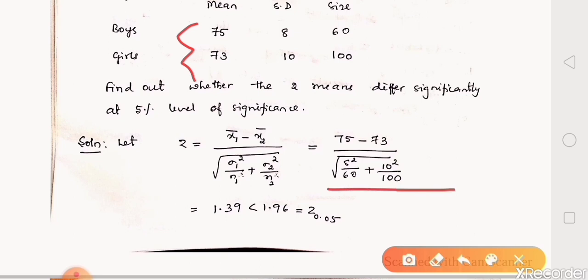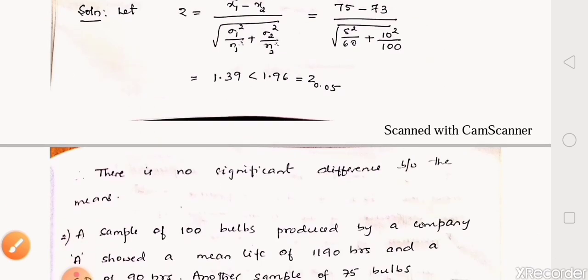Substituting all the values and simplifying, we get z is equal to 1.39, which is less than 1.96, which is the critical value of z at 5% level. So, at 5% level, the hypothesis is accepted, means there is no significant difference between means of two samples.